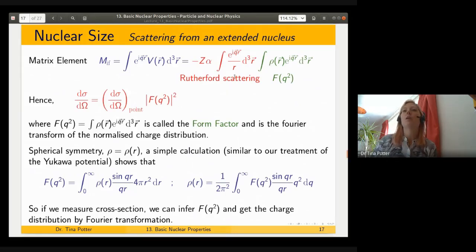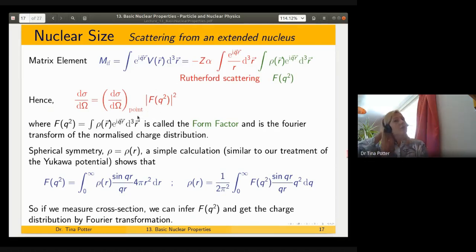If we do this, we're going to get the matrix element that looks very familiar, this first part in red here, which is the typical Rutherford scattering off of a point-like particle. Then we've got this additional part here, which is called the form factor, and this is simply the Fourier transform of our normalized charge distribution. So our differential cross-section looks like our Rutherford scattering from a point-like particle, and then it's changed a little bit because of this form factor.